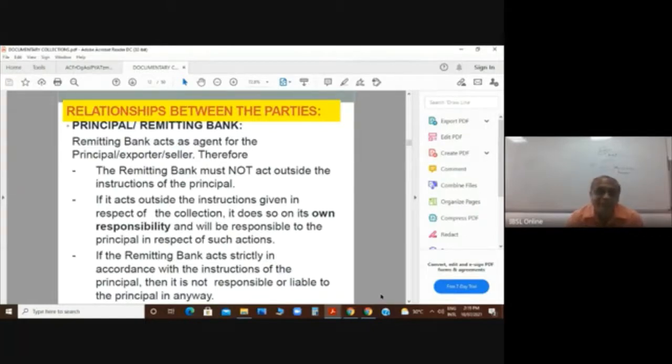Please. Now the relationship between the parties, principal and the remitting bank. It's a very, very important thing. The remitting bank acts as an agent for the principal, the exporter or seller. In the whole scenario, all parties involved in international documentary collection operations act as an agent for the principal.